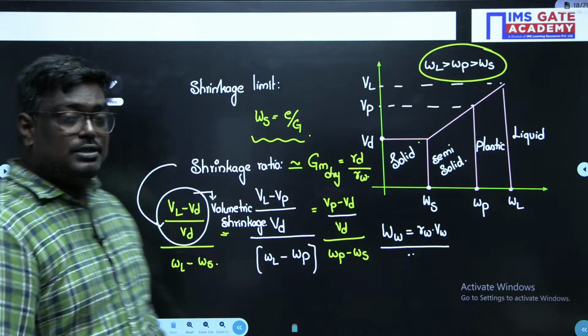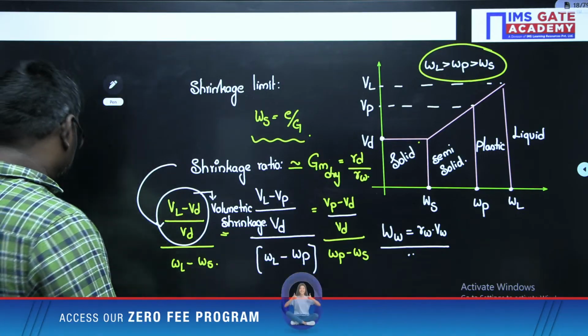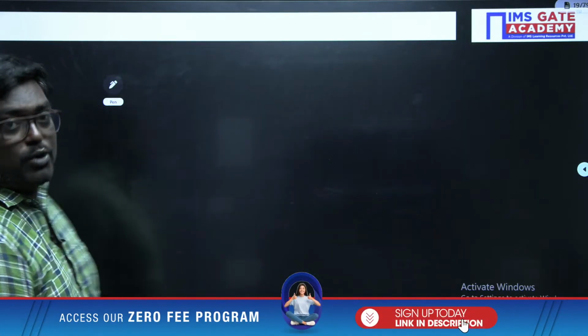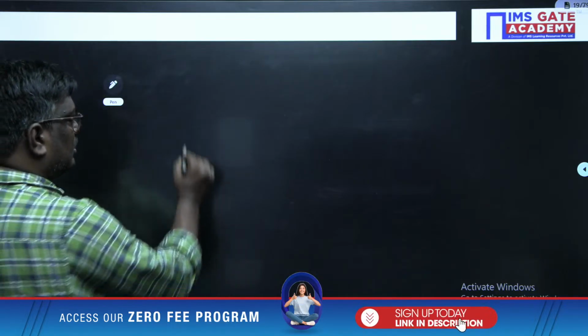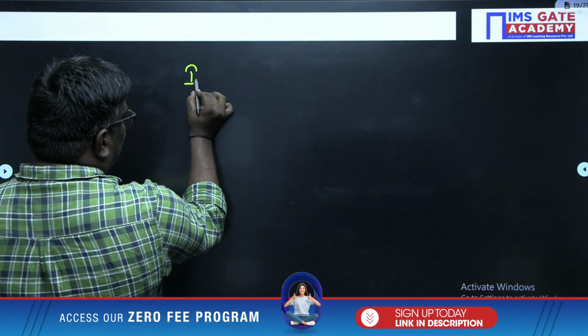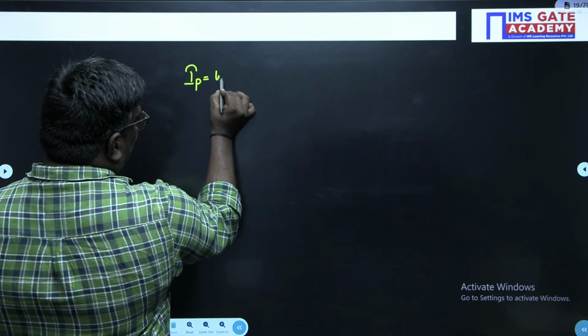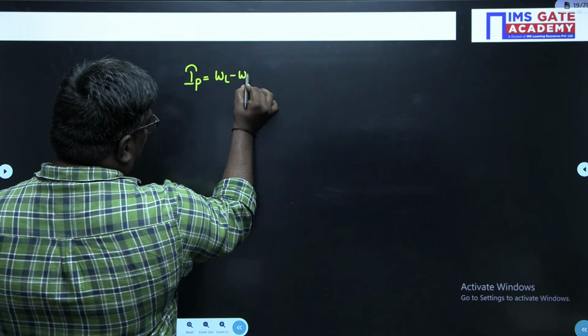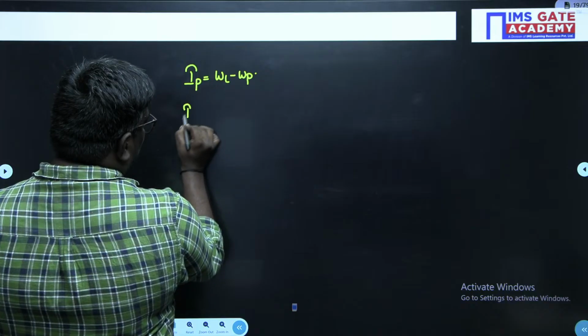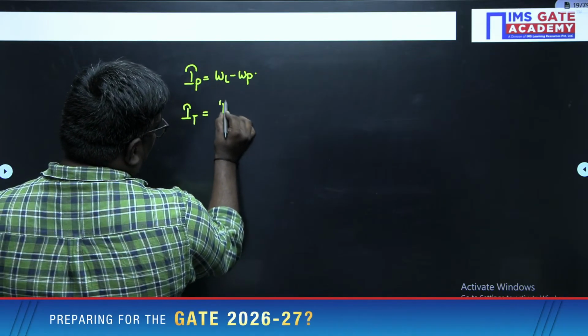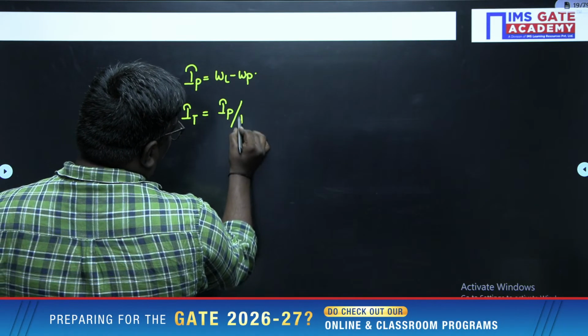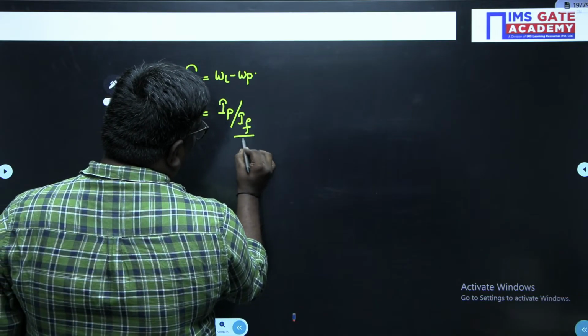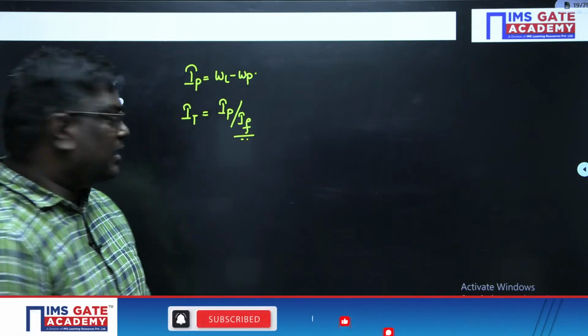Remember, my dear students, there are some important indices we should know. Plasticity index, which is WL minus WP. Toughness index, IP by IF, where IF is known as flow index. What is flow index?